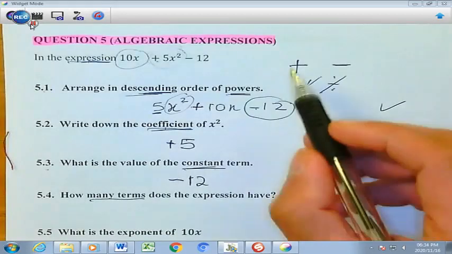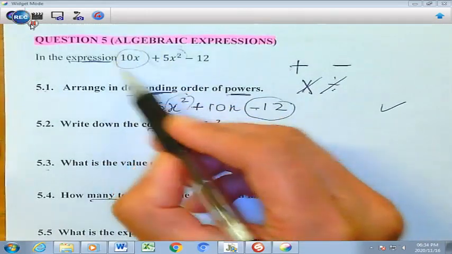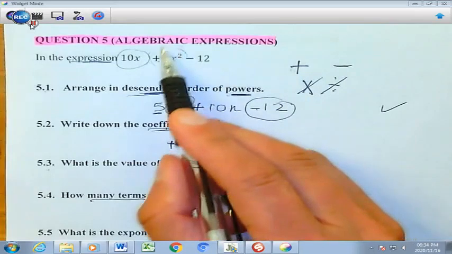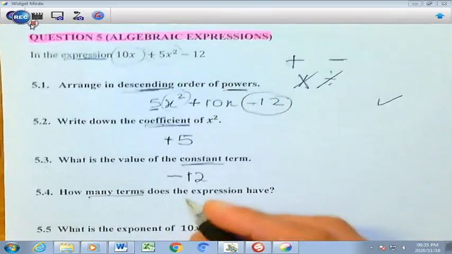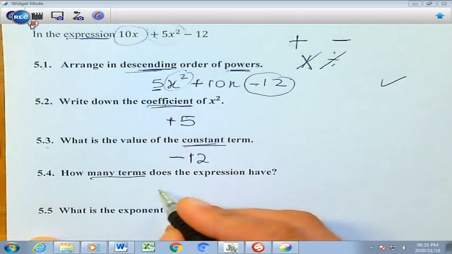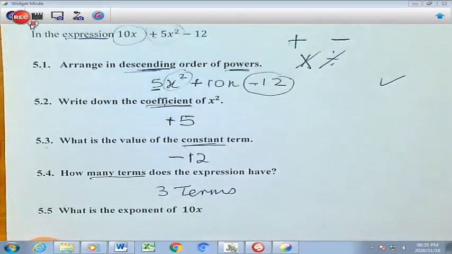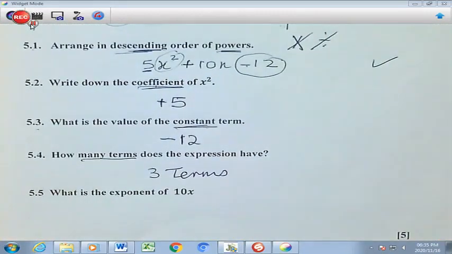I want to be clear. Only these 2. So if you look at that, this is one term. There's a separation of plus, that's another term, and the separation of minus, that's another term. So you're going to have the separation of plus and minus, which leaves us with 3 terms. Okay, that's your answer.